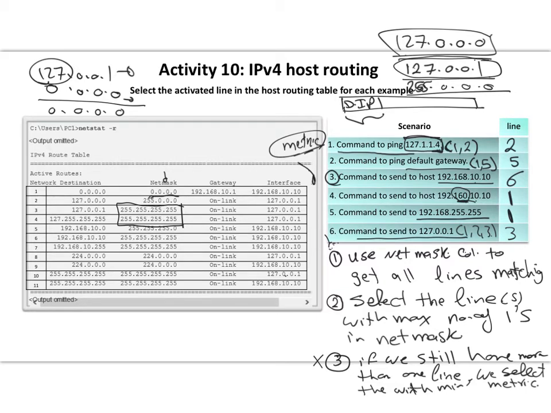Which one do you select? In that case, if the number of ones in the subnet mask are the same, then and only then you go to the metric. You select the one with the minimum cost, with the minimum value in the metric column. But of course, as I said, number 3 does not apply in this particular exercise because the metric column has been omitted altogether, right?